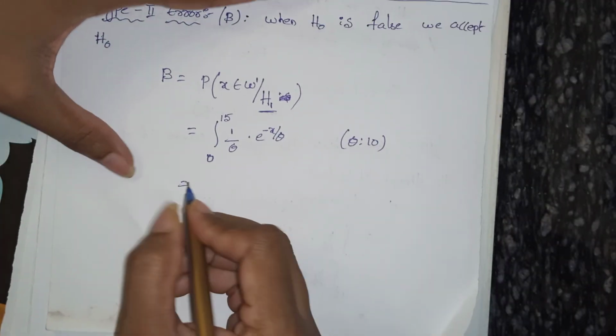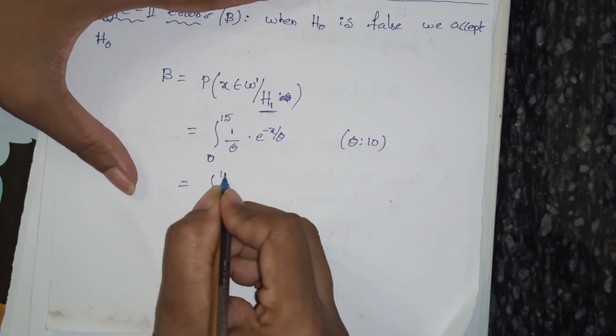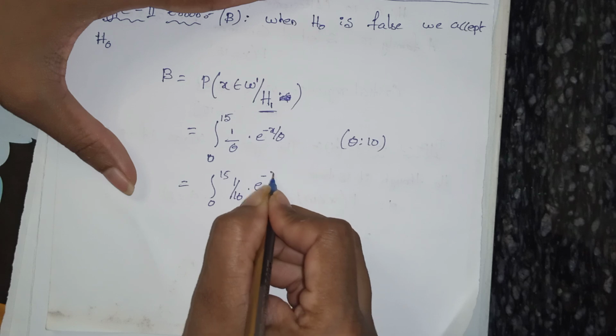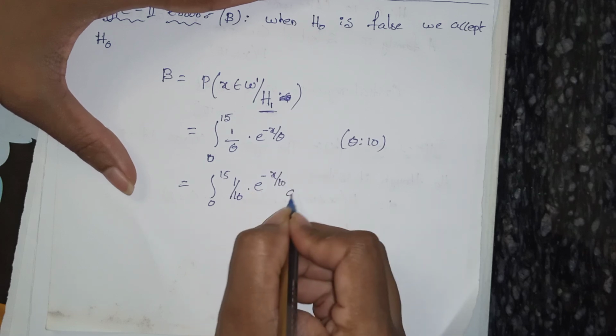So that equals integration 0 to 15, 1 by 10 into e to the power of minus x by 10 dx.